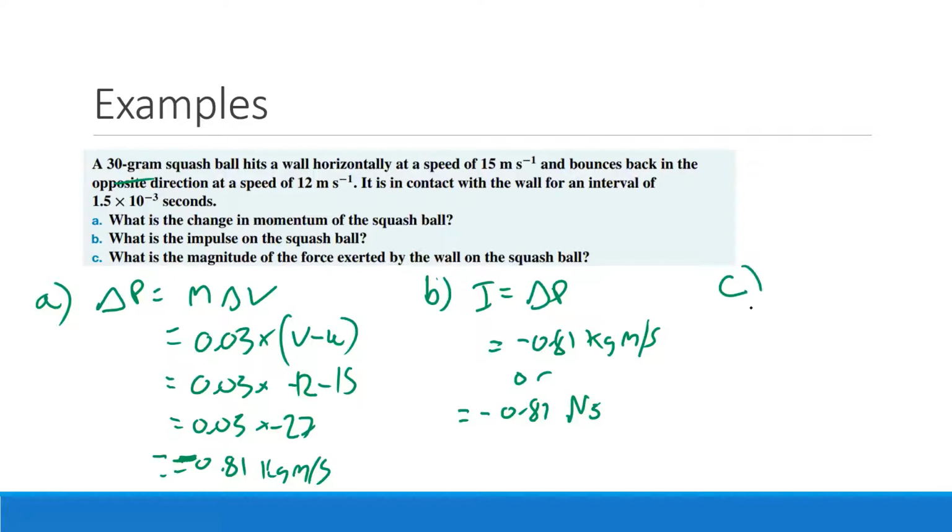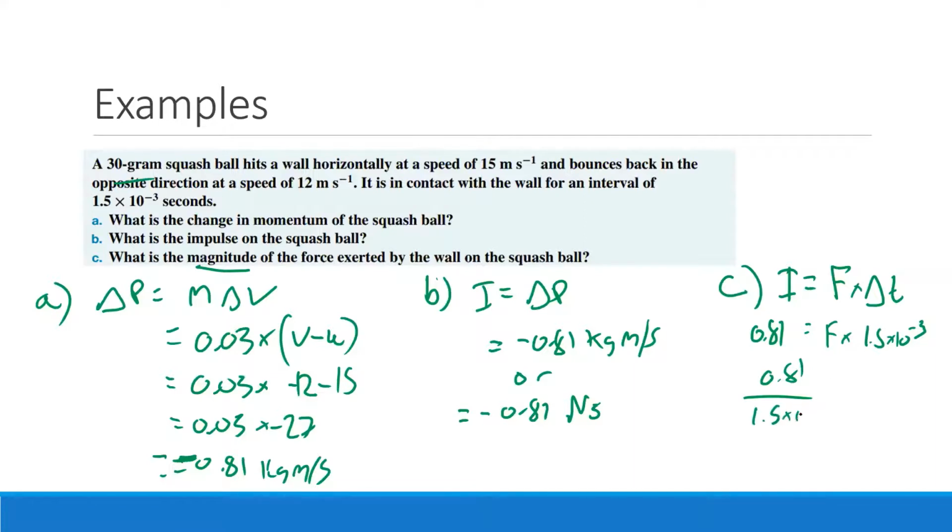For C, what is the magnitude of the force? Thank God we don't have to calculate the direction exerted by the wall on the squash ball. So impulse equals force times change in time. Now our impulse is 0.81 and our change in time is 1.5 times 10 to the negative 3. So therefore 0.81 divided by 1.5 times 10 to the negative 3 equals our force.